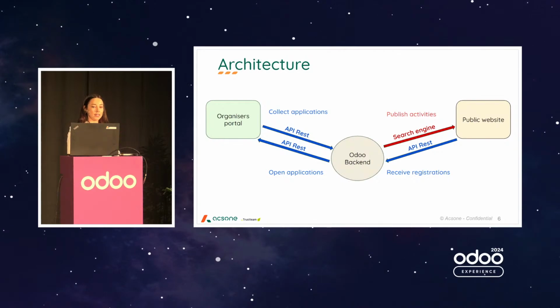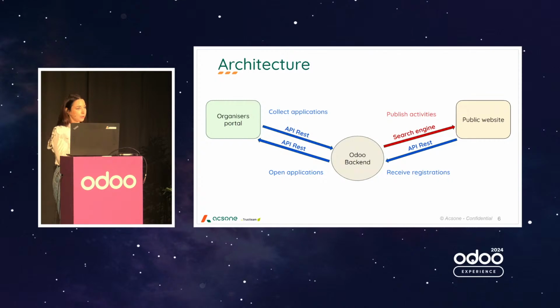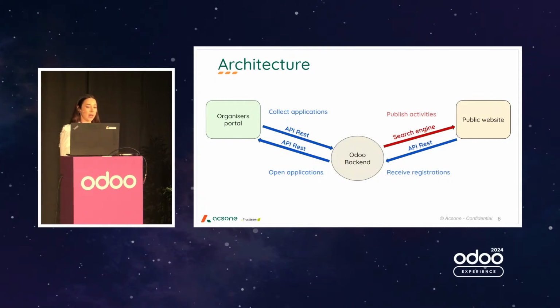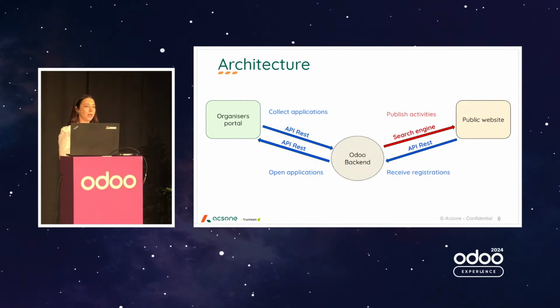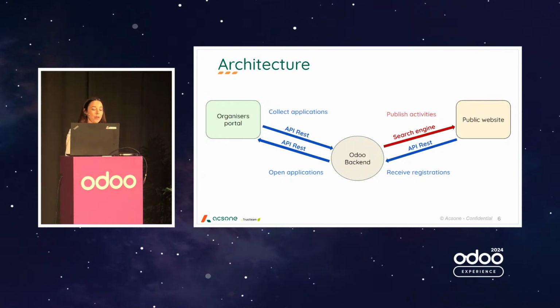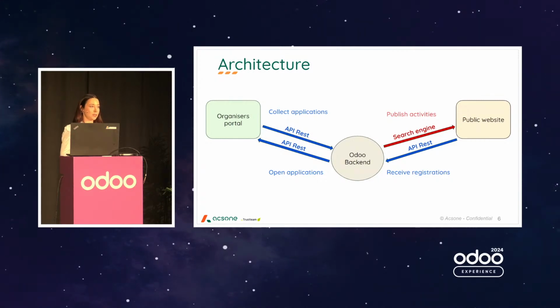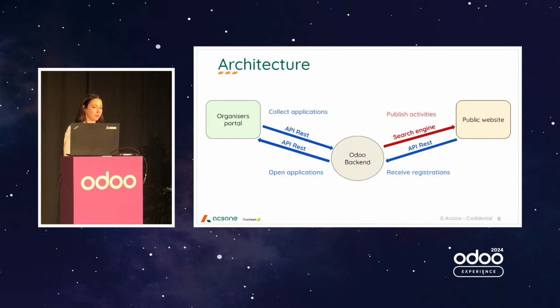So the architecture we built: you have the configuration of the event in the Odoo backend, and when the configuration is done, we open the application through API REST to be posted on the organizer portal.